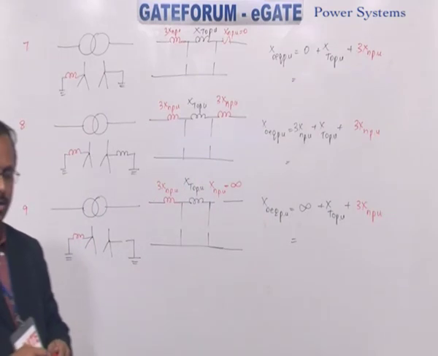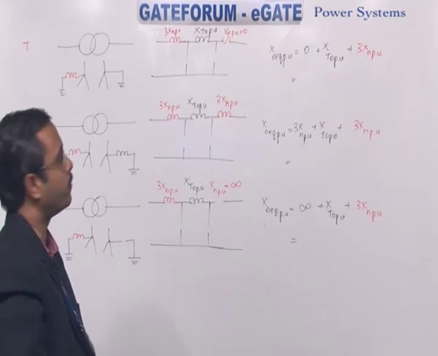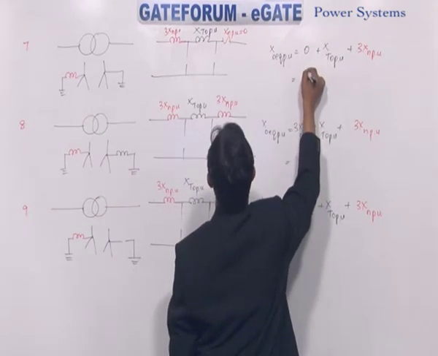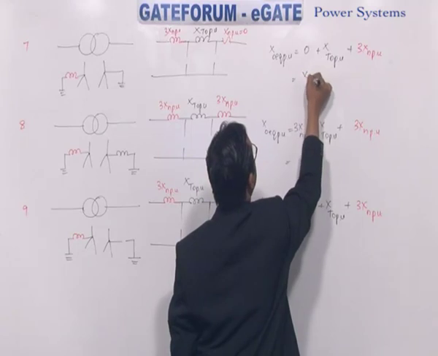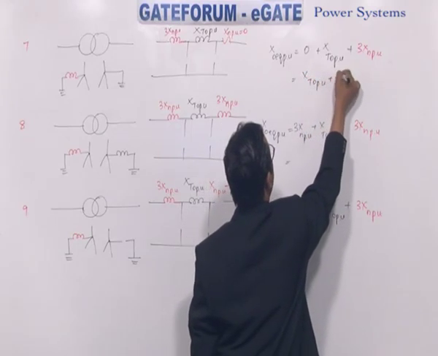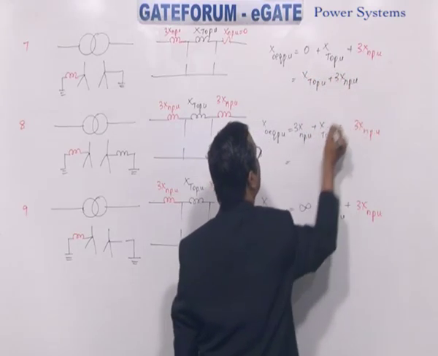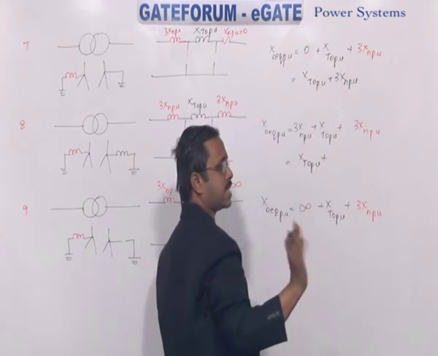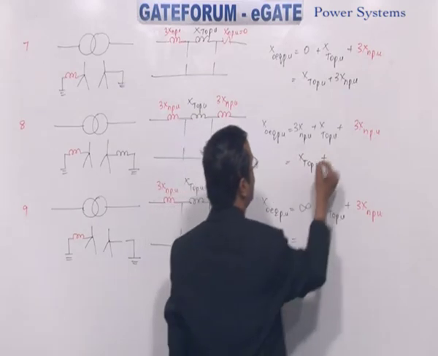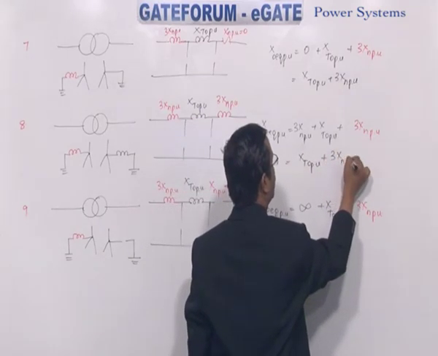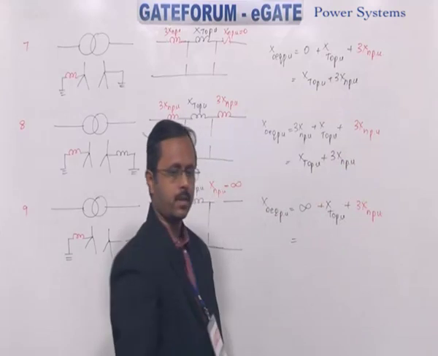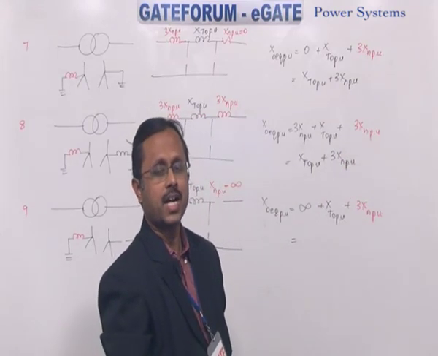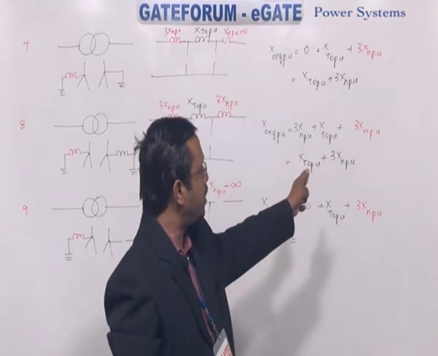So we have to find out what is X0 equivalent now for these three. So here it is XT0 plus 3Xn per unit. Here XT0 plus, and don't write 6Xn per unit please, the maximum finite zero sequence reactance is XT0 plus 3Xn.